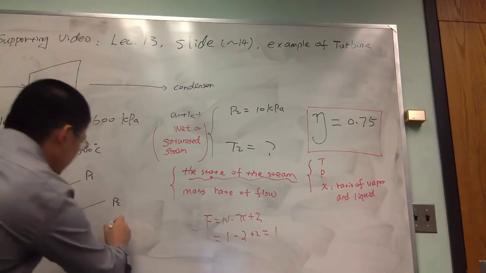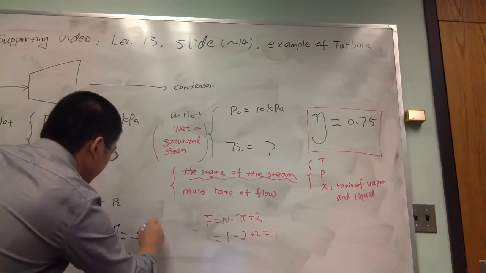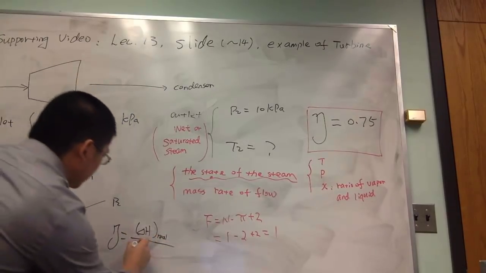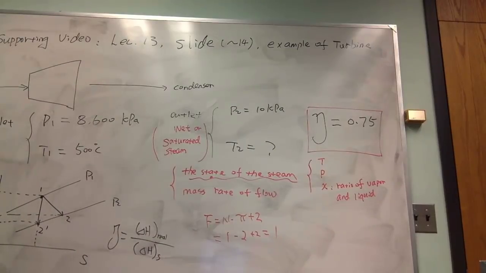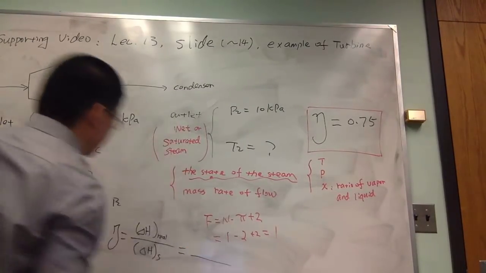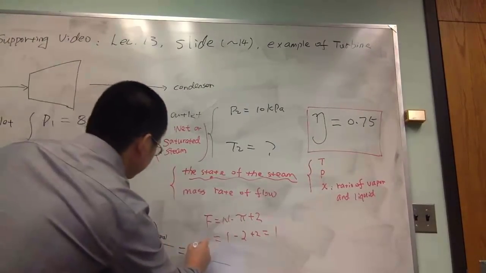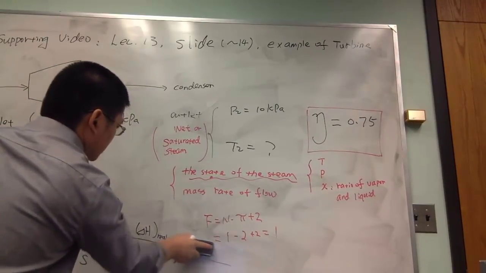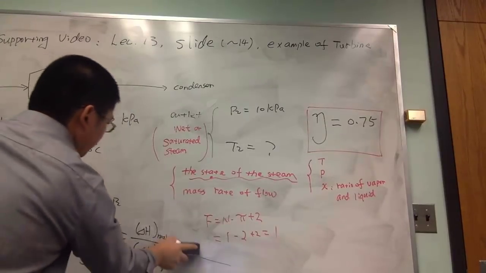So the efficiency is defined as delta H, let's call this real, over delta H along this isentropic process. Here we are looking at this numerical value.